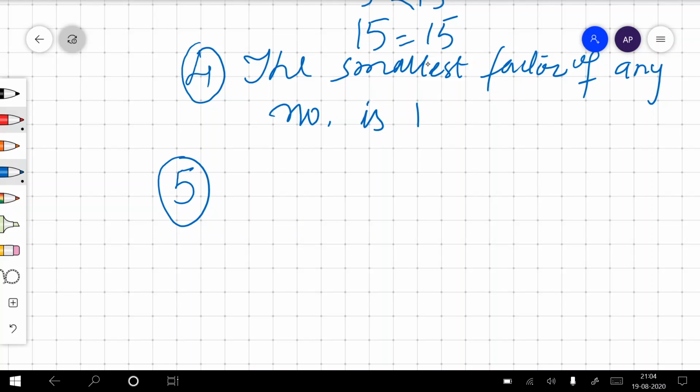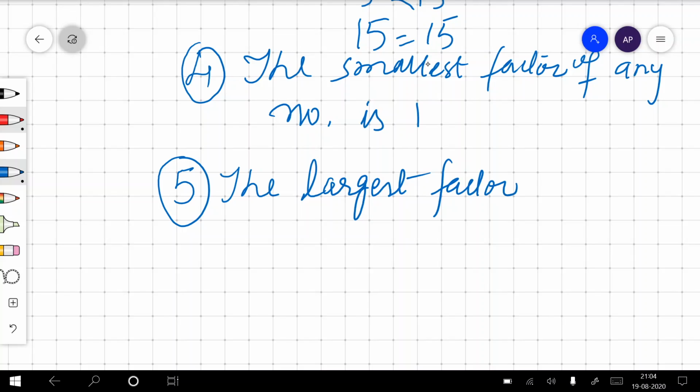But in the case of factors, the largest one is there. So the largest factor is there, not multiple, the largest factor is there. The largest factor of any number is the number itself.